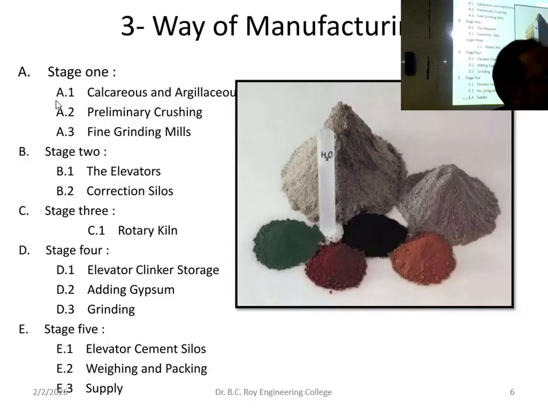Plaster of Paris is what? 2CaSO4 dot H2O. That is called plaster of Paris. Gypsum is CaSO4 dot 2H2O and plaster of Paris is 2CaSO4 dot H2O. That means the water of crystallization is less in plaster of Paris. This plaster of Paris is also acting like a cement, though it is not very strong.